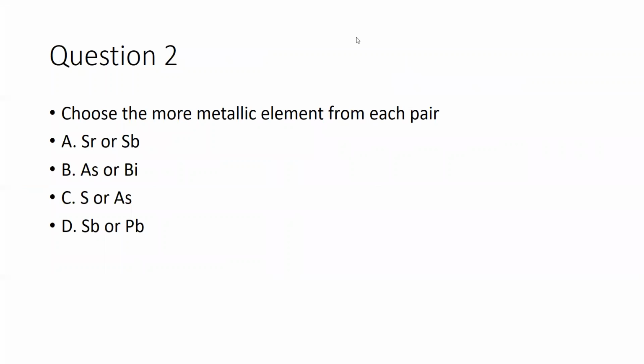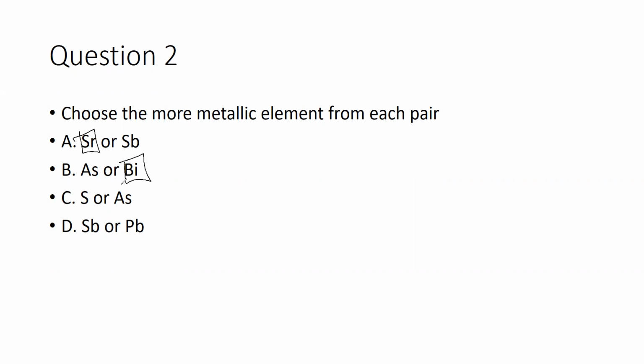So again, let's try and answer these. Pause, answer them, and come back. Make sure you have your periodic table out. So let's see which one's more metallic. Sr versus Sb. Sr is to the left of Sb, so Sr is more metallic. As versus Bi. Bi is further down the periodic table than As, so it's Bi.